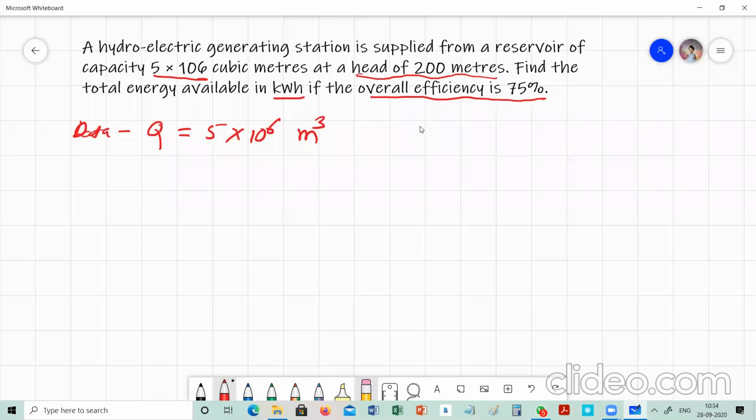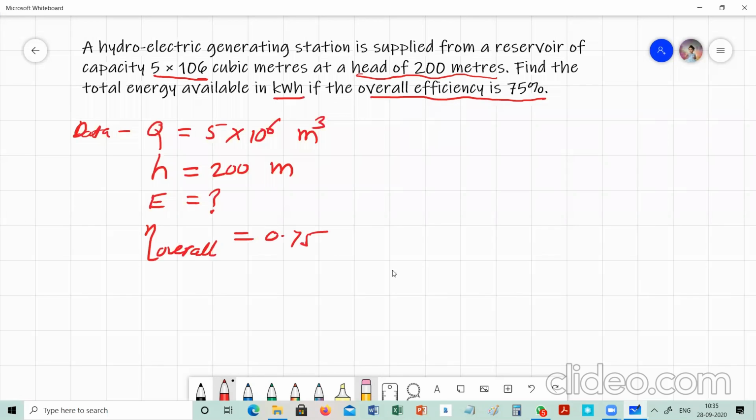Then head, that is height, is equal to 200 meters. Find the total energy available, output energy E. If the overall efficiency is 75%, it means eta overall is equal to 0.75. This data they have provided.